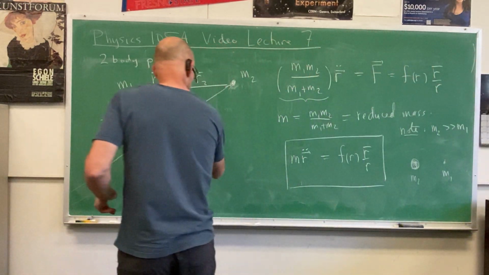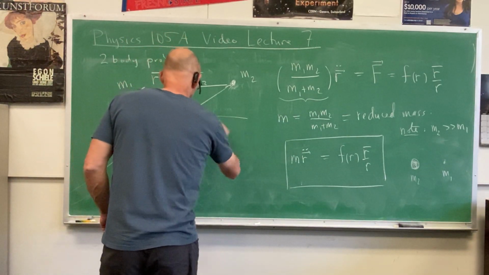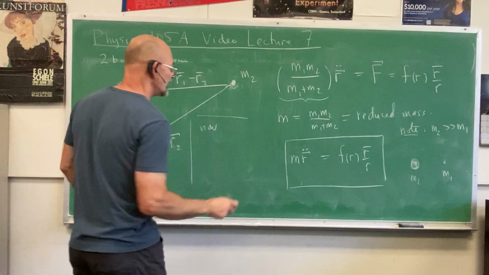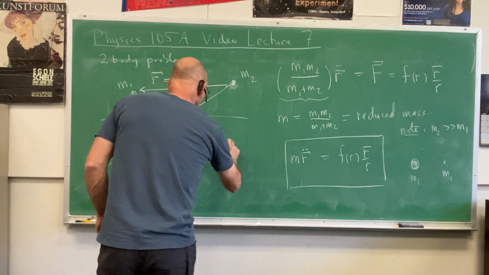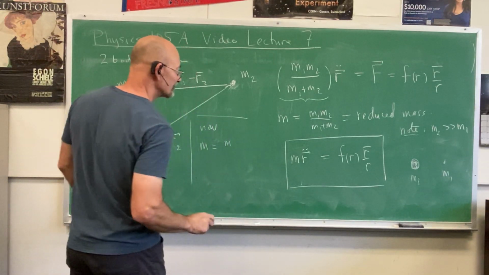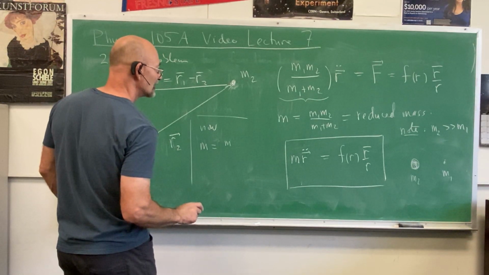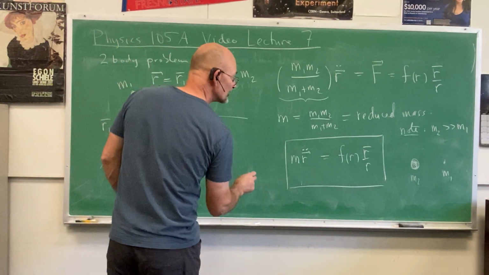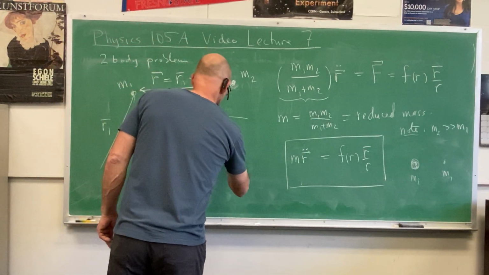Okay, I'll use this part of the board and then I'll erase it. So now M equals M... which one is larger? M2 is much greater than M1. Okay, so let's just look at this before we do anything.